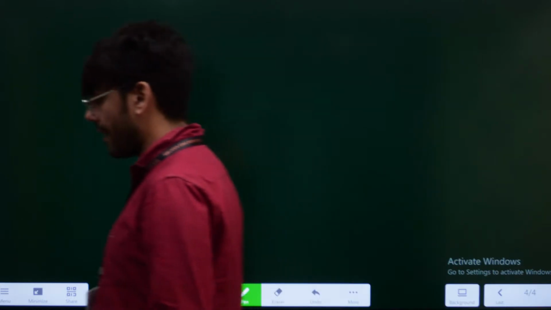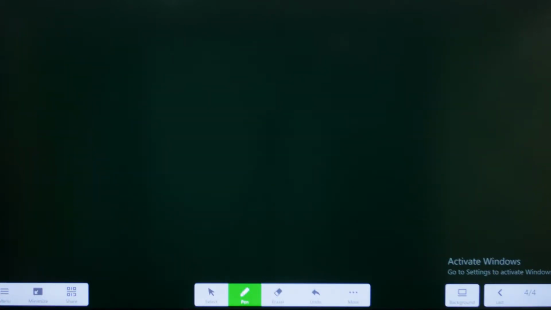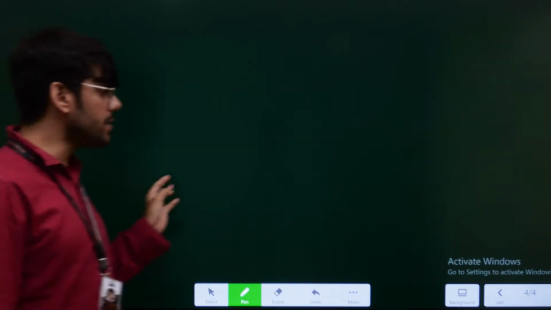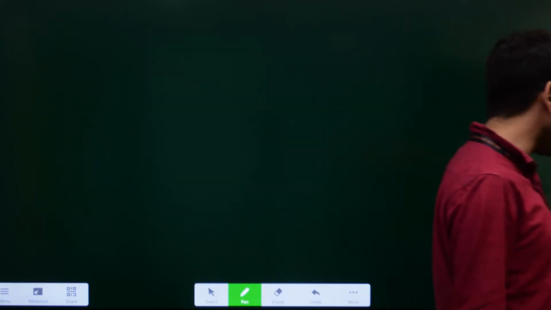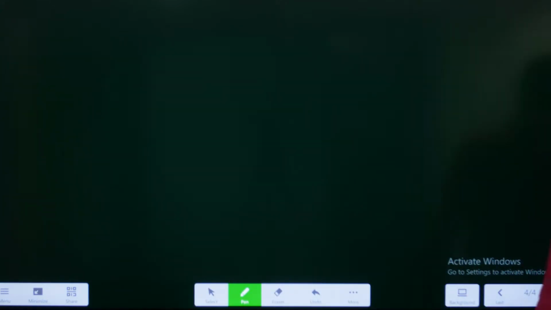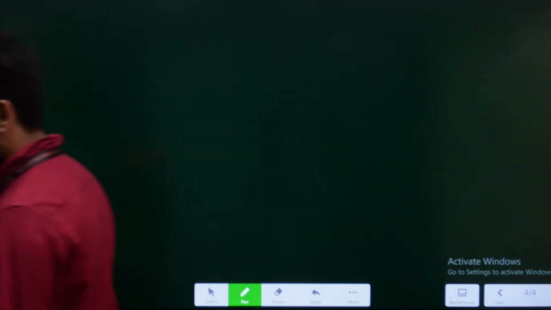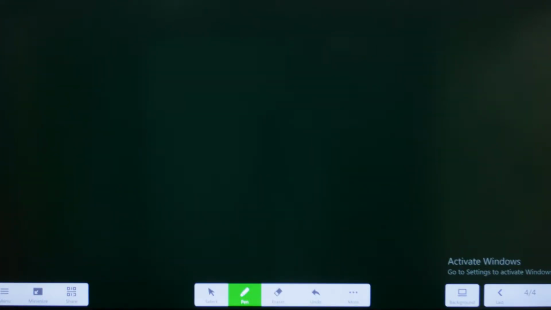Having said that, did I tell you percentage ionic character, how to calculate, Ankit? Please repeat.